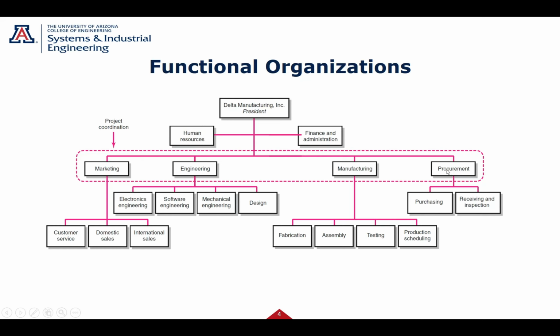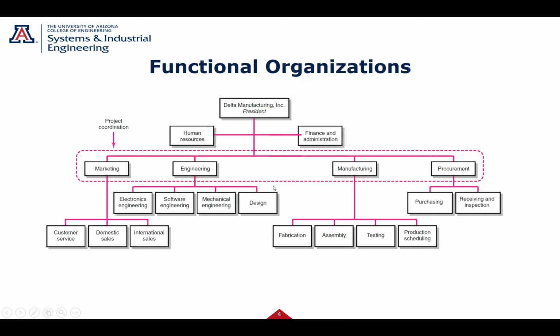These are different functions in your organization. Those functions can run projects. If it's an engineering project, engineering can run it. If it's a manufacturing upgrade project, maybe manufacturing can work it, and so forth.